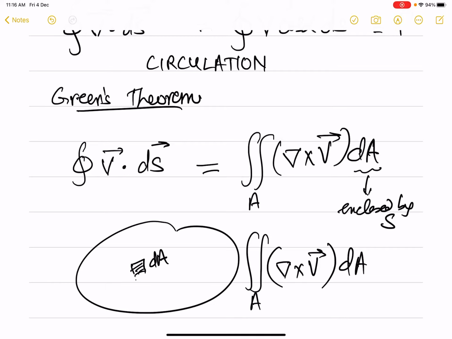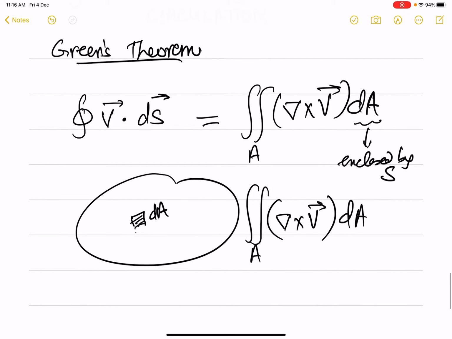So circulation is equal to the integral on the area of omega times dA. This is the meaning of this quantity.